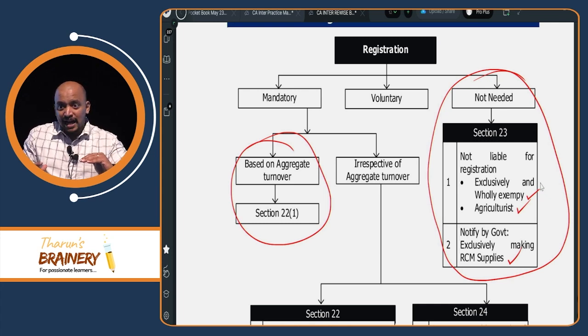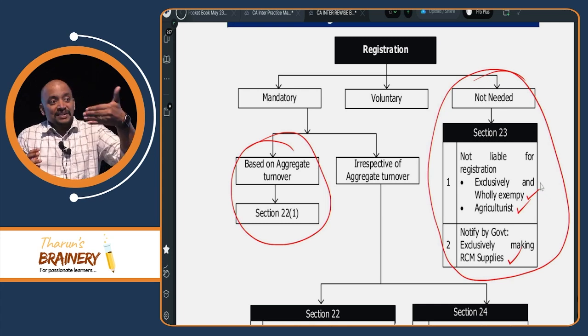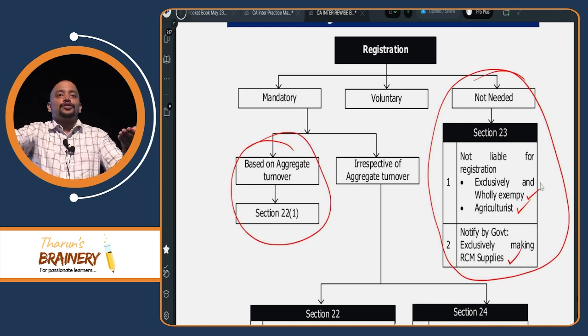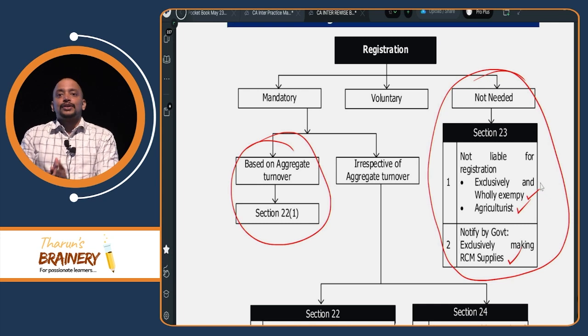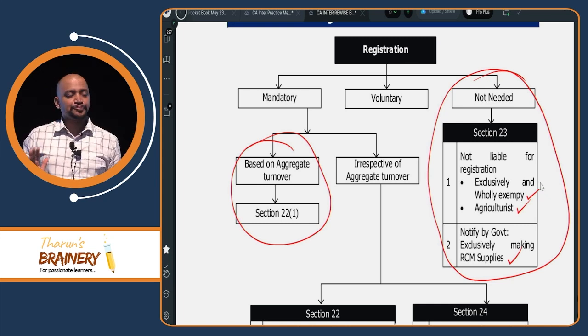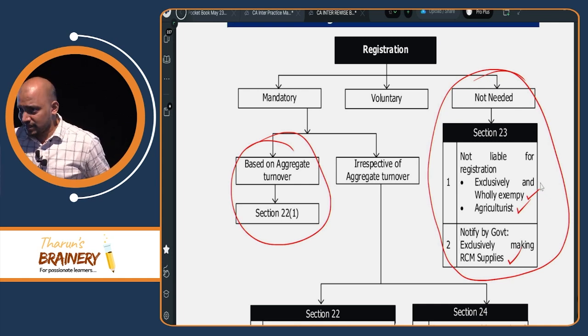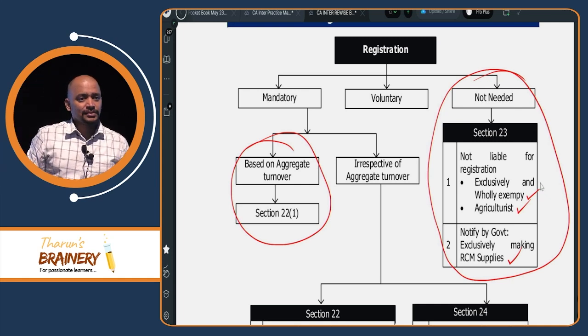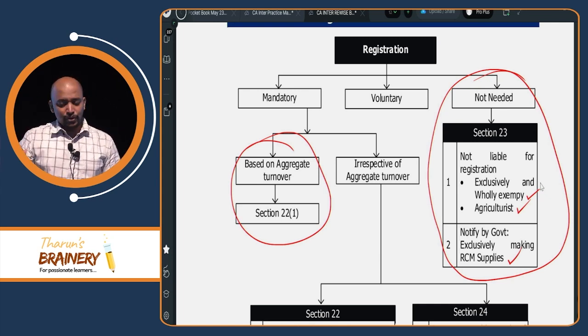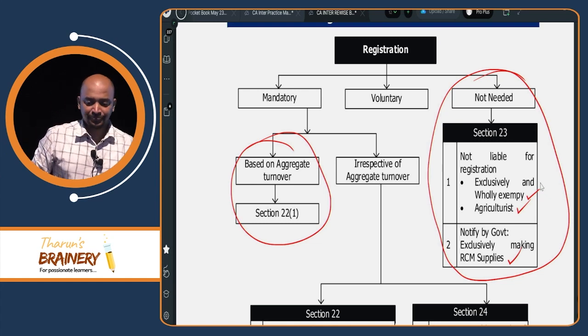Now partly they are making supply out of cultivation of land and partly they are selling processed goods. So therefore they will not get this exemption. So an agriculturist is not at all required to get registered if they are only an agriculturist. When they are only an agriculturist, they should sell produce out of cultivation of land. Then only they are called an agriculturist.